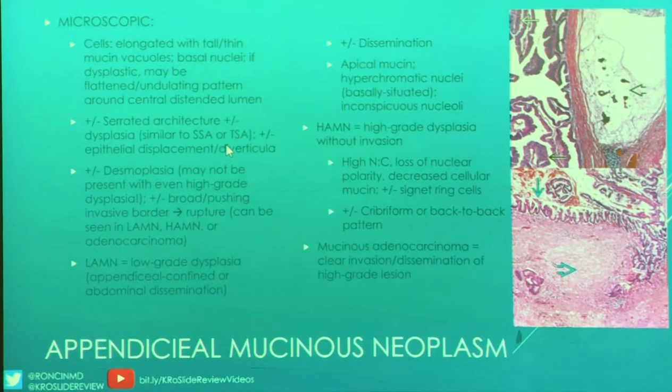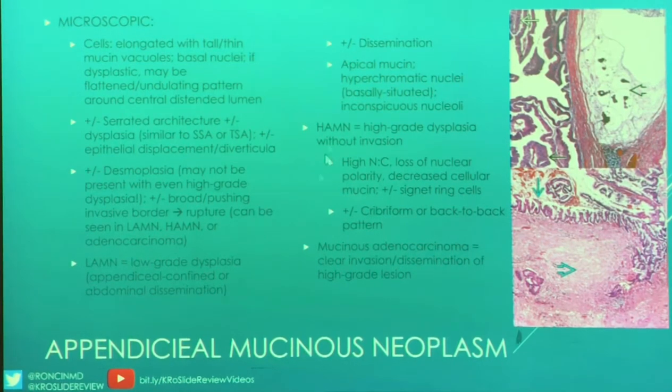Again, this is relatively common, and you have to imagine that there's so much mucin being produced by the epithelium that it's pushing on the wall of the appendix, and eventually you get these diverticula, these outpouchings through the muscularis mucosae and muscularis propria, to where you pretty much just have epithelium sitting out in the submucosal and serosal soft tissue on its own. And obviously those are a perforation risk.